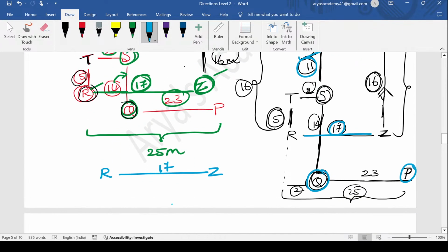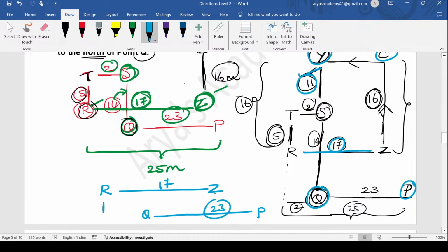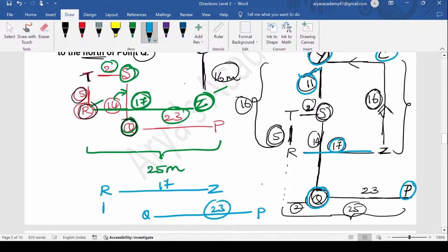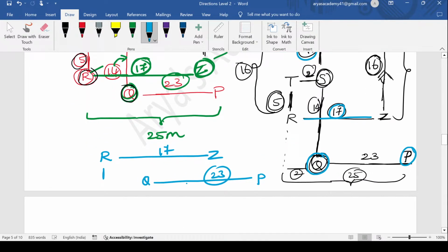Then Q is not in a straight line. Q is somewhere over here. And if you go further, P is somewhere over here, where the distance is 23. But to find the distance between Y and C, you have to depend on these two particular lines only, right?